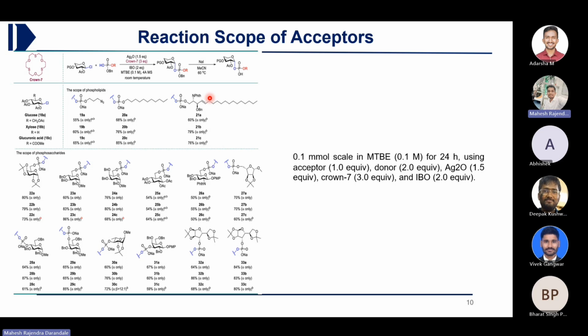I don't know, but if whatever mechanism they are proposing is the way, then I feel it should work for the ether linkage also, unless there is some balance of nucleophilicity. If there is a role of the thiocrown ether method, it should work with other acceptors also.